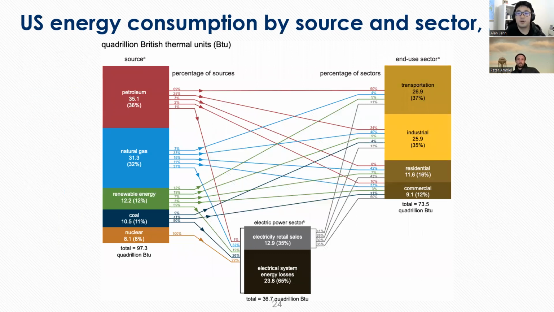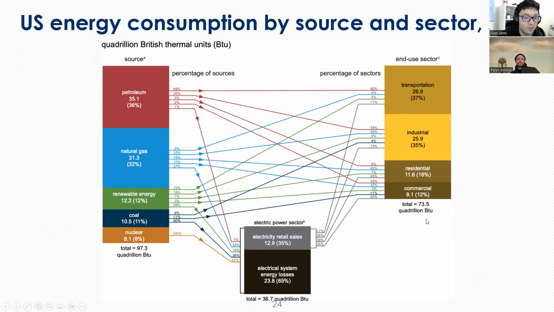And to give folks a sense of energy consumption by source and sector, this is your primary energy on the left, and how much of each of these things goes into your different sectors. You have your intermediate electricity power sector here that you can see different fuels are going into, and your end use sector here.